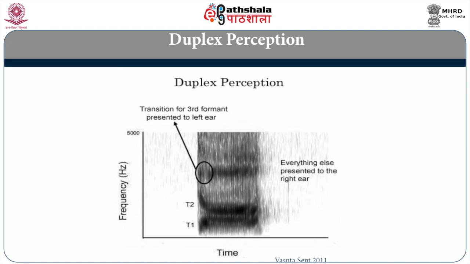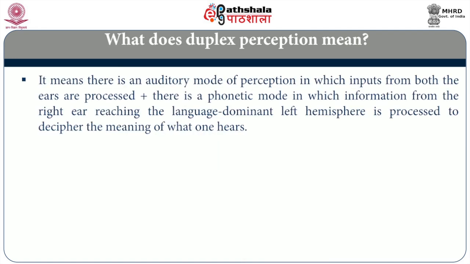I believe listeners heard both. So, what does it mean? What sense to make of duplex perception? What the researchers are saying is, there is an auditory mode of perception for environmental sounds which the brain receives from both the ears, integrates and makes sense of. But there is a phonetic mode which is language specific, and that information is processed better from the right ear.